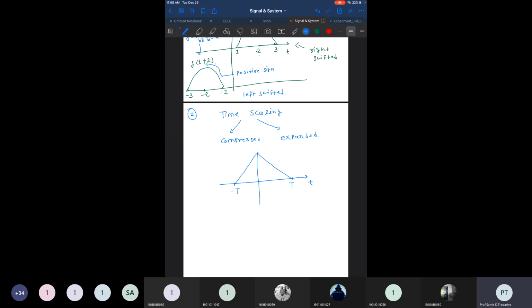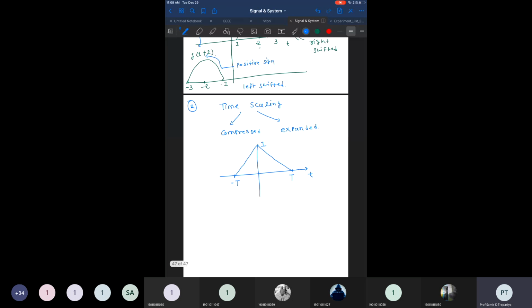Now if I compress the signal by some factor 2, if the signal is compressed by factor 2, right? Compressed by factor 2 does not mean amplitude. All these properties are applicable to the time axis, so we are not talking anything about the amplitude. So compressed by factor 2 means that this time axis is compressed by factor 2.